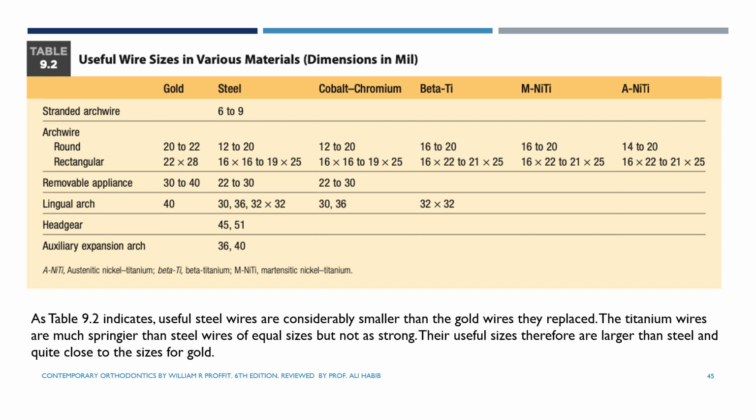But if you want to express the same strength and stiffness, maybe you should go to higher sizes similar to the one used in gold. But in general, the nitinol wires are springier and they have less strength than stainless steel wire.